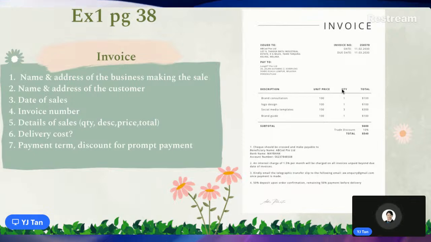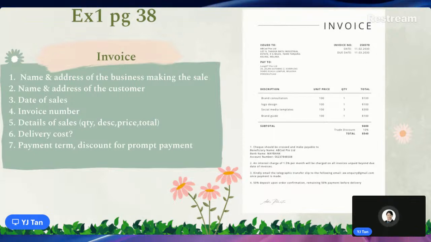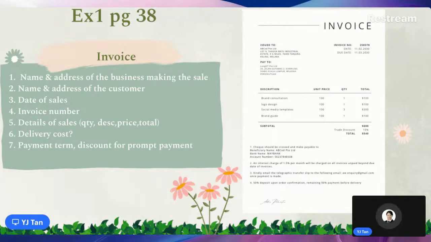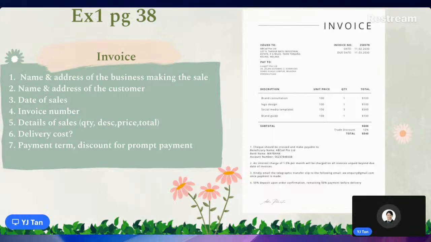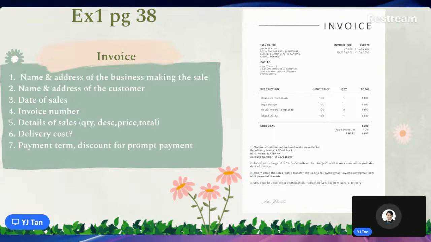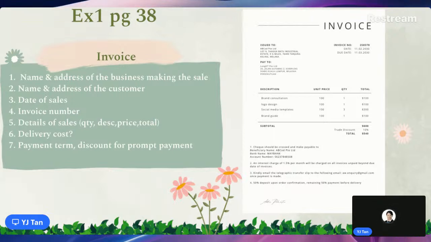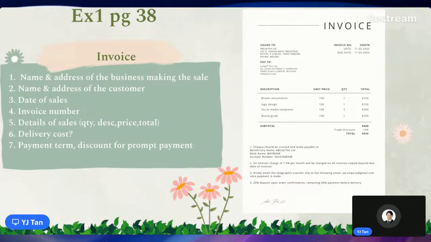You will definitely be able to see the date of the invoice in this sample or any other invoice. Also, the invoice number is so critical in the documents later when we do the double entry. The document reference number is critical, and later I will explain why it's so important.